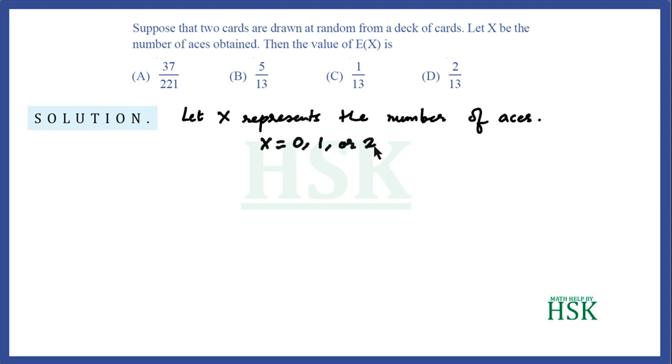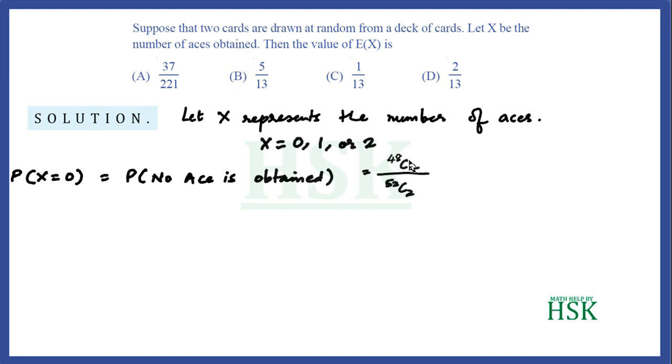Now, the probability of X equal to 0 would be the probability that no ace is obtained, and this would be equal to 48C2 upon 52C2. 52C2 represents the total possible outcomes, that is, the total number of ways of selecting two cards out of 52 cards, and 48C2 represents the total ways of selecting two cards from the non-ace cards.